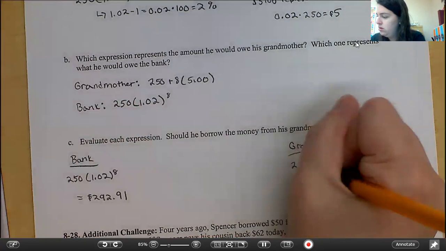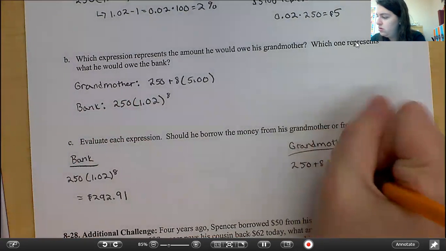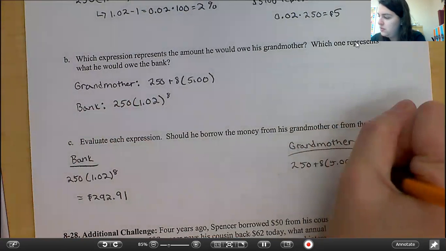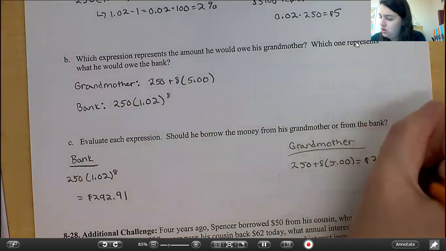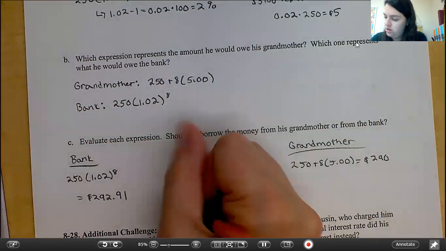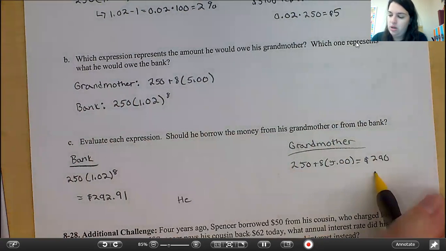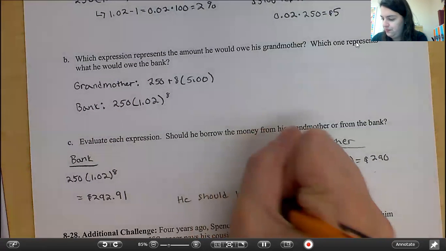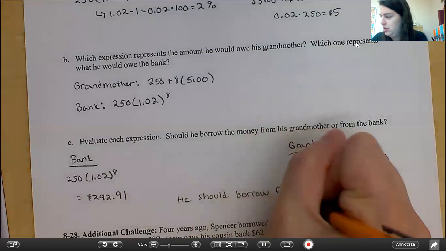And from grandma, it would be $290. So therefore, this is the lower amount, he should borrow from his grandmother.